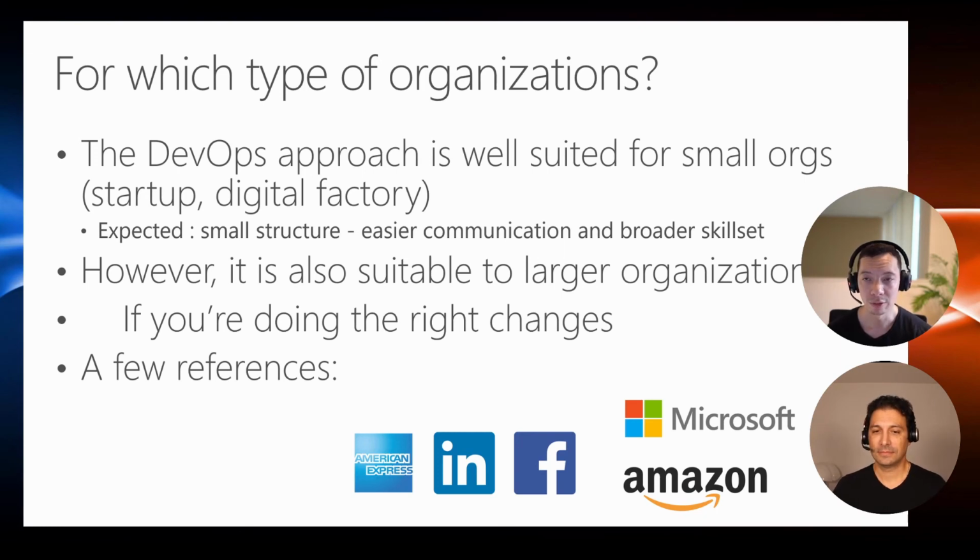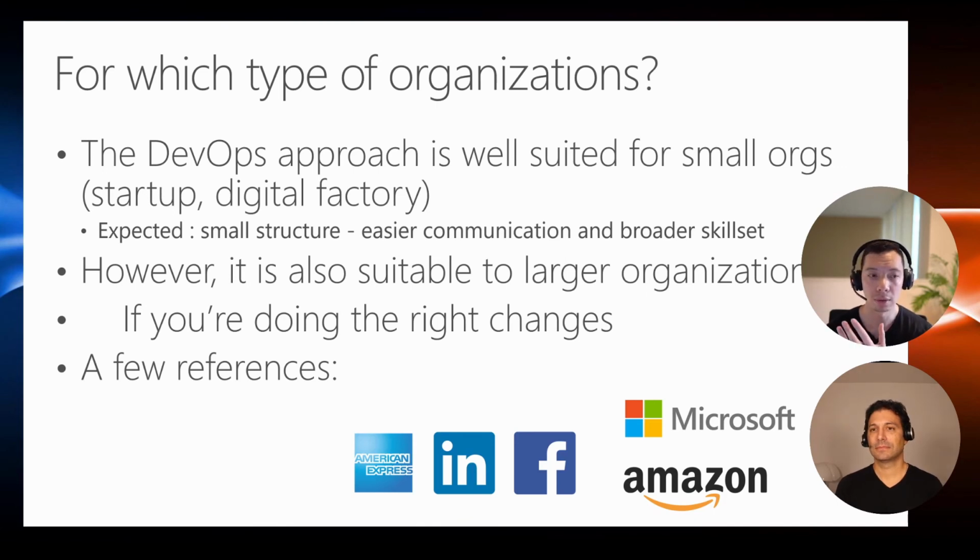You need people who are willing to learn new things, to work together, and to go out of their comfort zone to implement the solution as fast as possible. So it's expected that DevOps works well for this type of organization because you have a smaller structure and the communication is easier. So, with a broader skill set, people learn from each other by communication, and naturally it can fall quickly into DevOps, and it is easier for them to adopt.